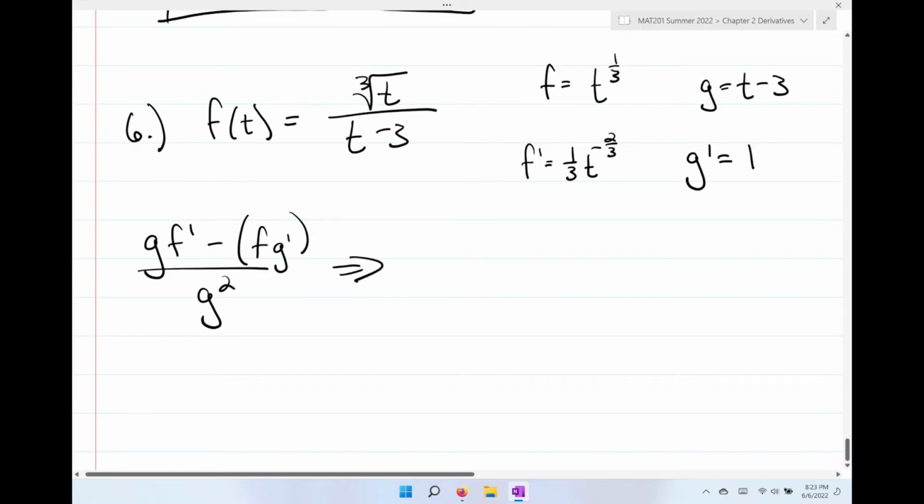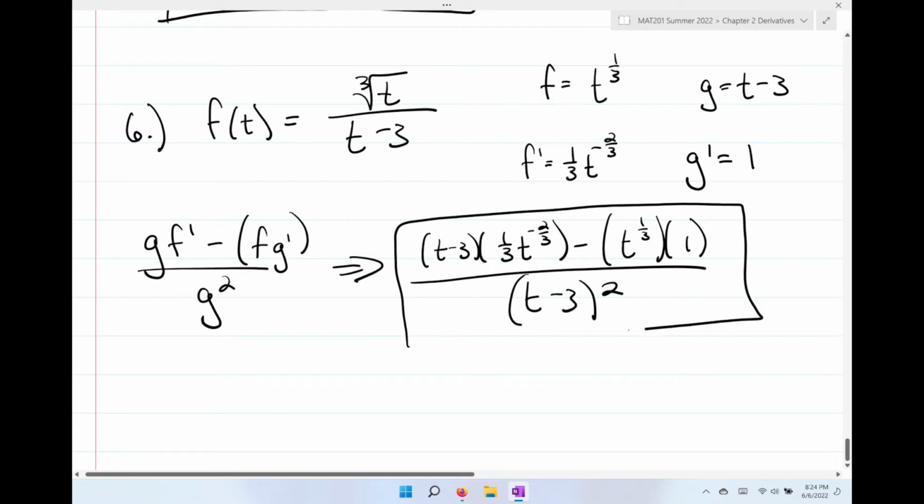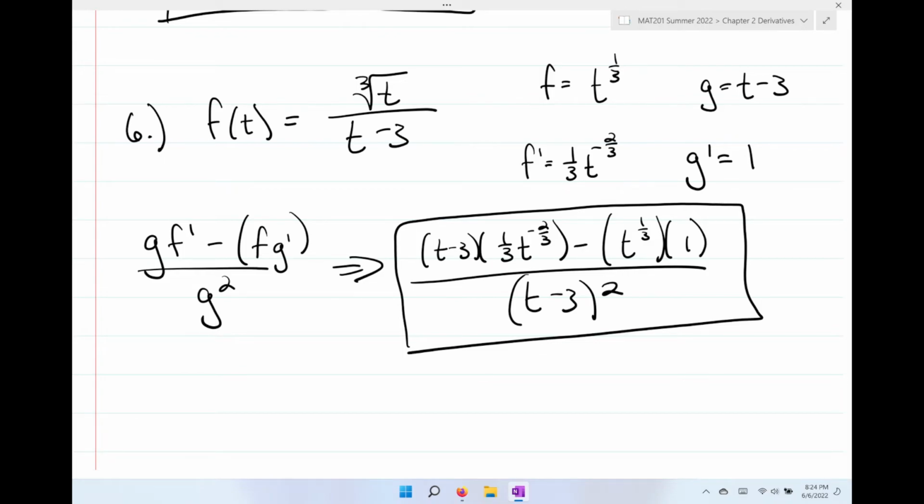So I'm just going to match everything up. g is t minus 3 times f prime, 1/3 t to the negative 2 over 3, minus f, which is t to the 1/3, times g prime, which is 1, all over t minus 3 to the second power. And I'm not going to simplify this. If this was on a test, it would probably say something along the lines of, perform the derivative, do not simplify. And that's what we would have right here.